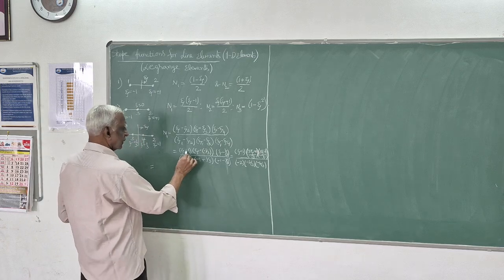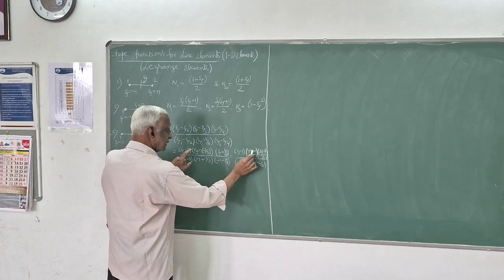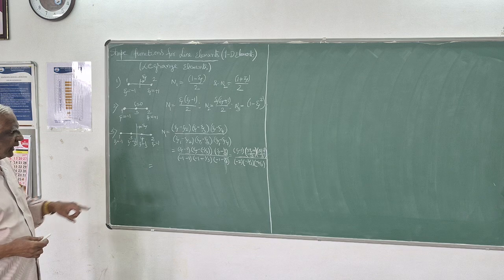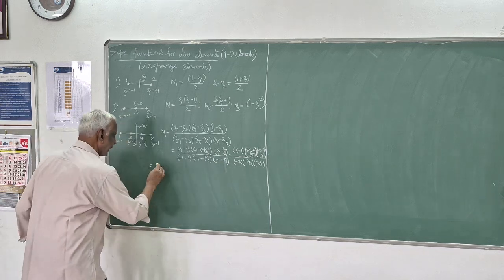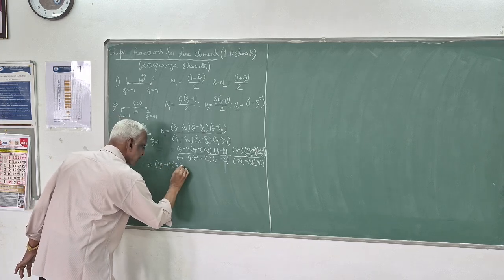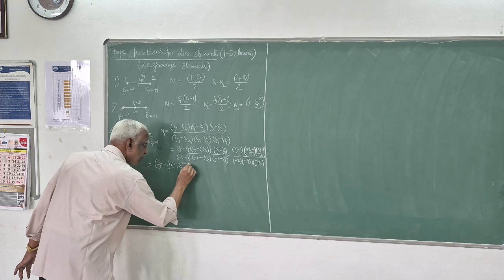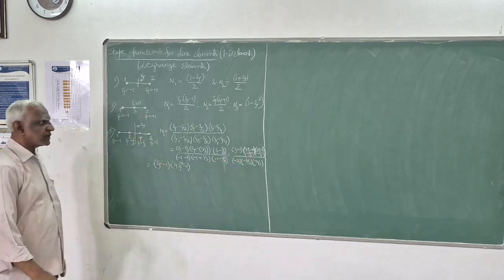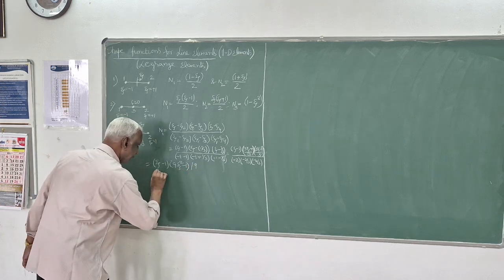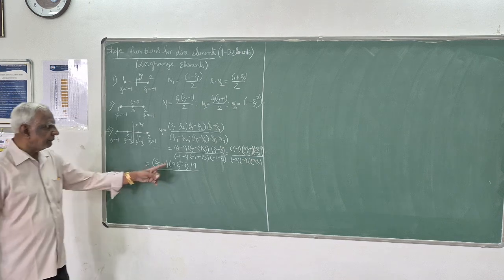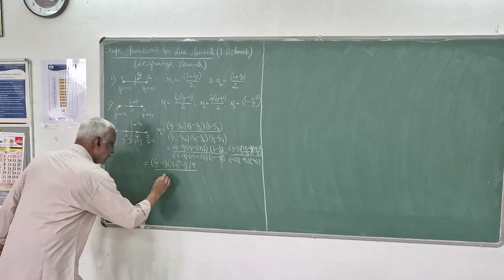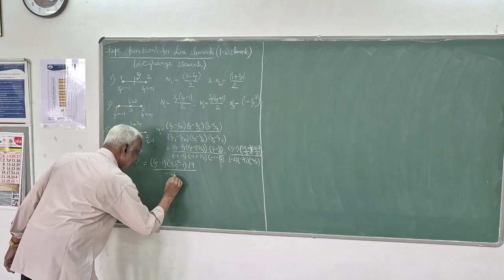So this is psi minus 1, 3 psi plus 1 by 3, 3 psi minus 1 by 3, and this is psi minus 1 into 9 psi square minus 1, whole thing divided by 9, divided by, this is 2 times 4, 4, 16, it is minus 16 by 9.